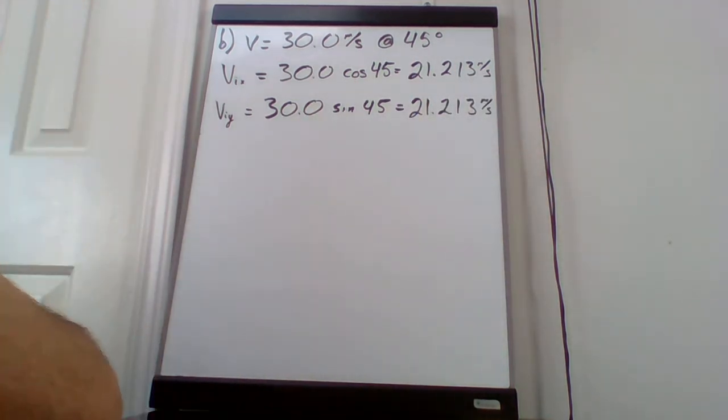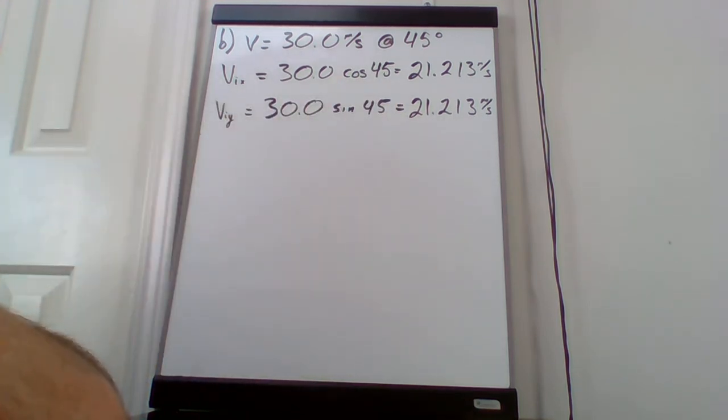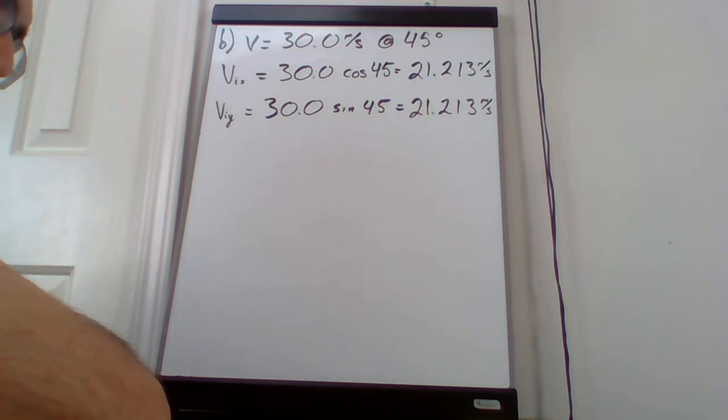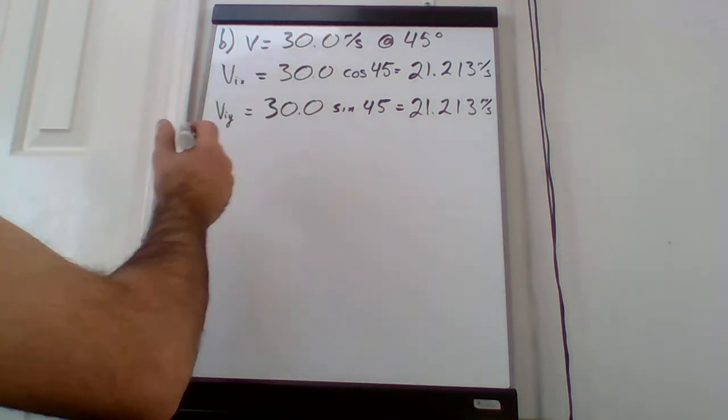The only time these two values, our x and y direction, are going to be the same is when we're at that 45-degree angle. It's very important to remember that. Anytime you see the 45, you'll have the same Vix and the same Viy. So now that we have those, we can continue on.